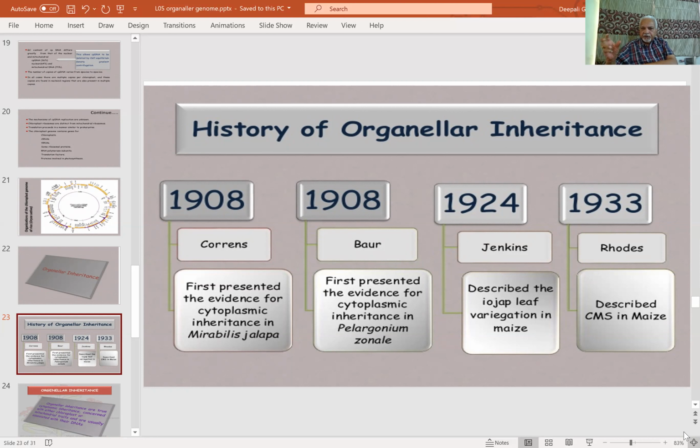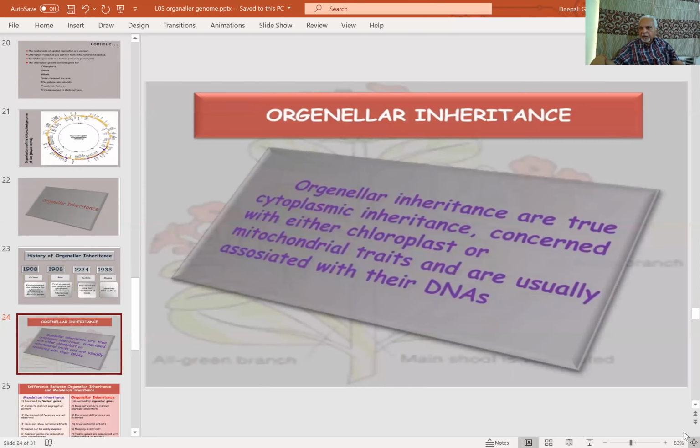So these are some of the examples which have been later on studied, and we have a clear picture about how this inheritance takes place.